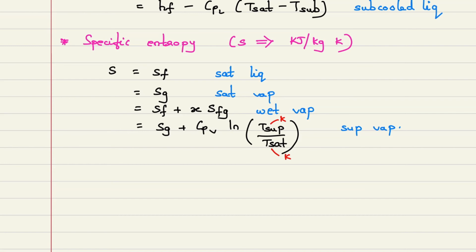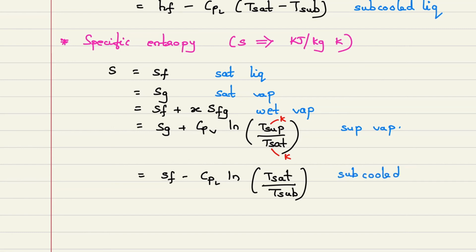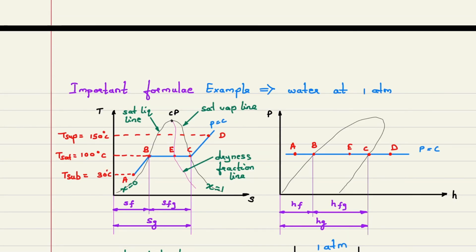Next we will see the formula for subcooled liquid. For subcooled we have S equal to Sf minus Cp of liquid log Tsat by Tsub. From point A up to point B, we have Sf minus this much entropy.